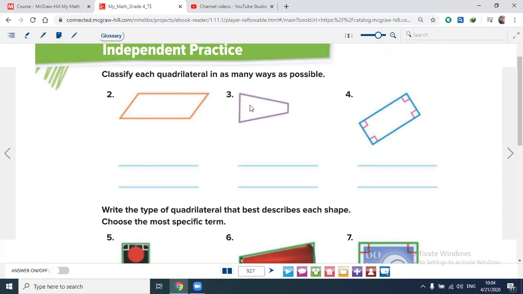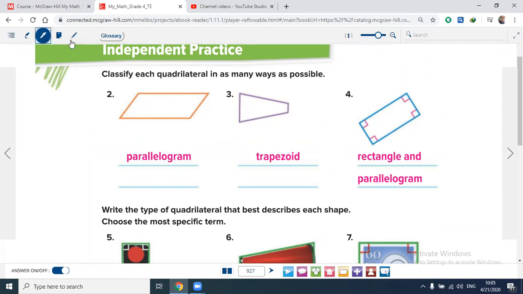Here I have a trapezoid, which has only one pair of parallel sides. This is a rectangle and parallelogram, as you see. Again, this is a parallelogram. This is a trapezoid because it has only one pair of parallel sides, as you see here.